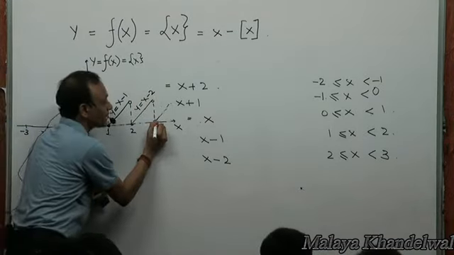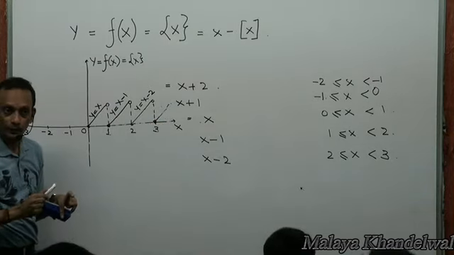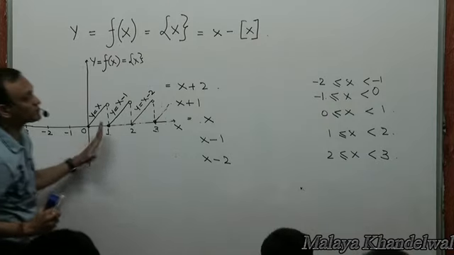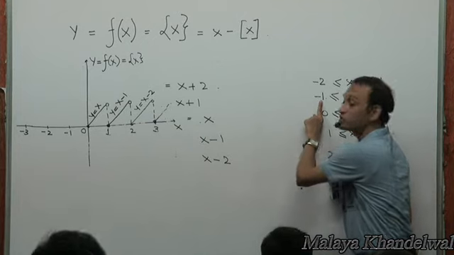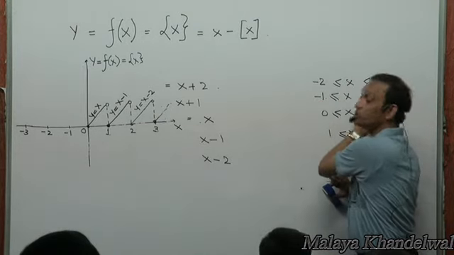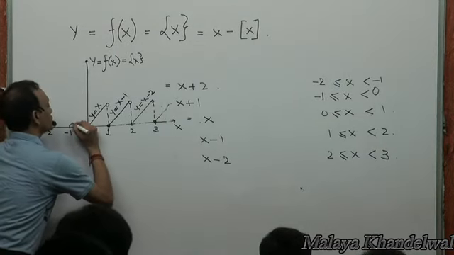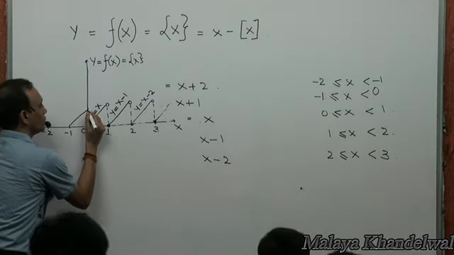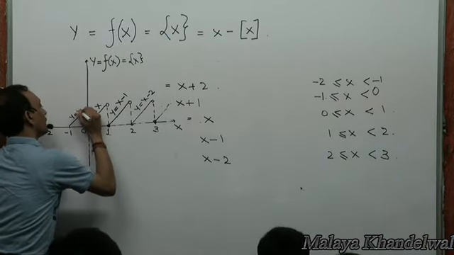At x equal to 3, again the fractional part of x ought to have become 0. Now to the left, between minus 1 and 0, it was going as y equal to x plus 1. Minus 1 was included in the description, but 0 was excluded. Between minus 1 and 0, it went as y equal to x plus 1.